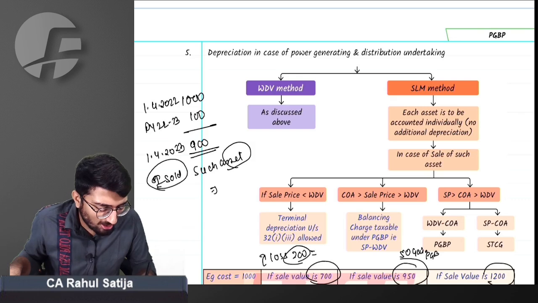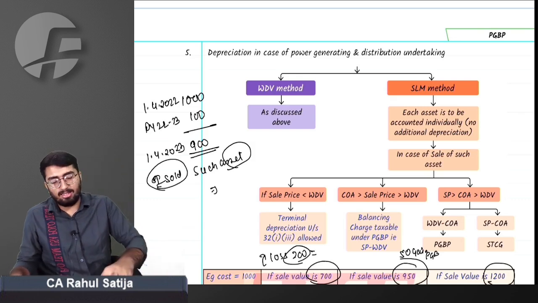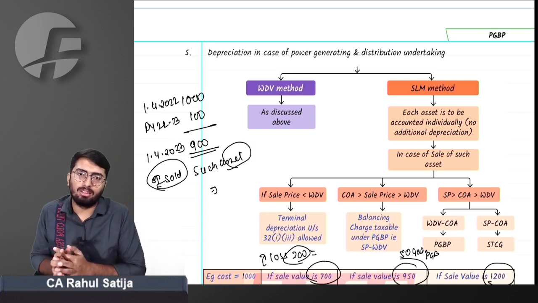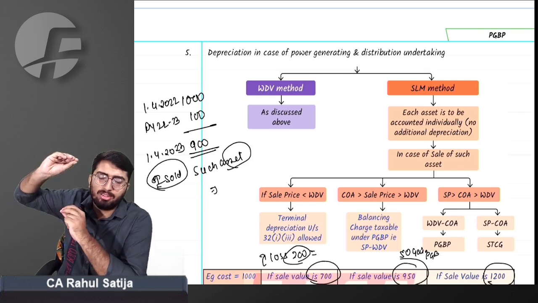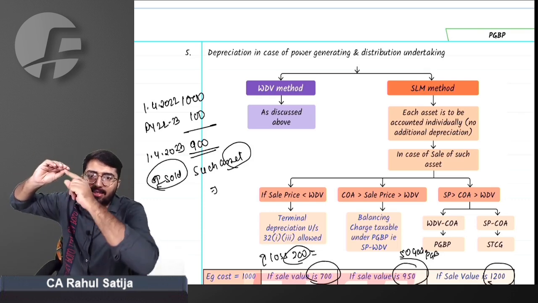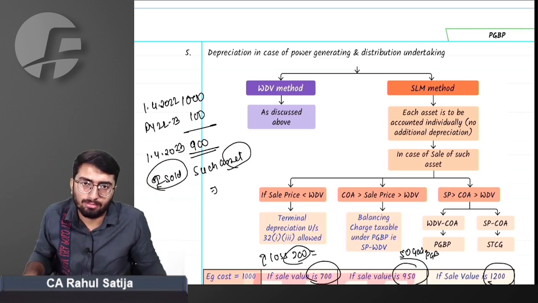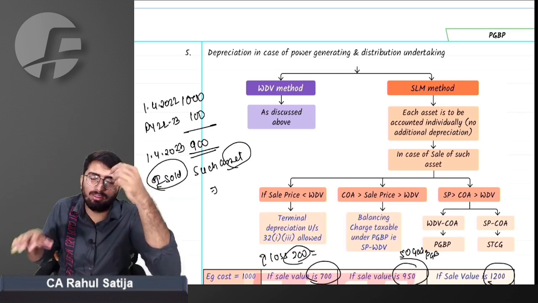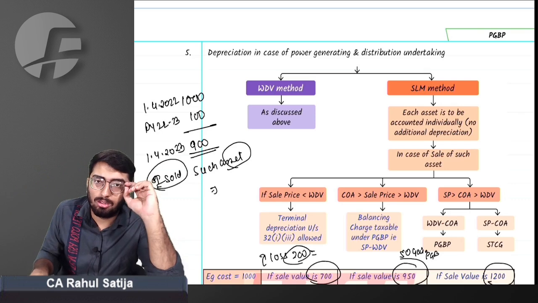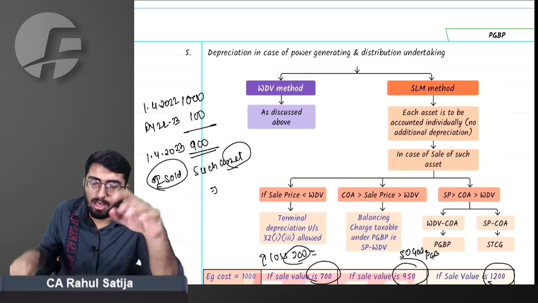Sir, what if I sold this asset for 1200 rupees? This has to be taken with due care. Cost was 1000, WTV was 900. I am selling this asset for 1200 rupees. Focus.